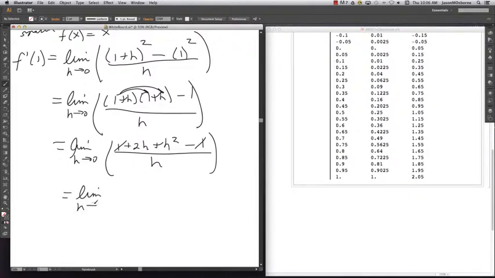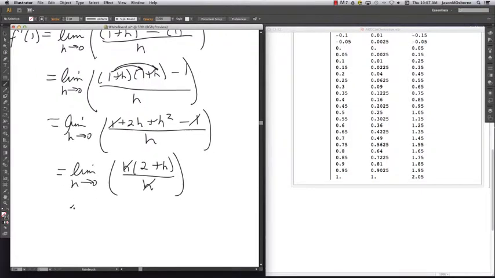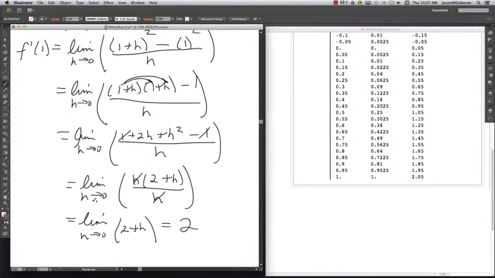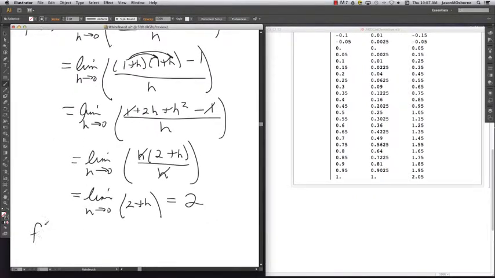Limit as h goes to 0. There's an h that I can factor out, 2 plus h. These h's cancel out, and you're left with the limit as h goes to 0 of 2 plus h. And as h gets really small, this limit becomes 2. So we have shown in this particular example that f prime of 1 is equal to 2.